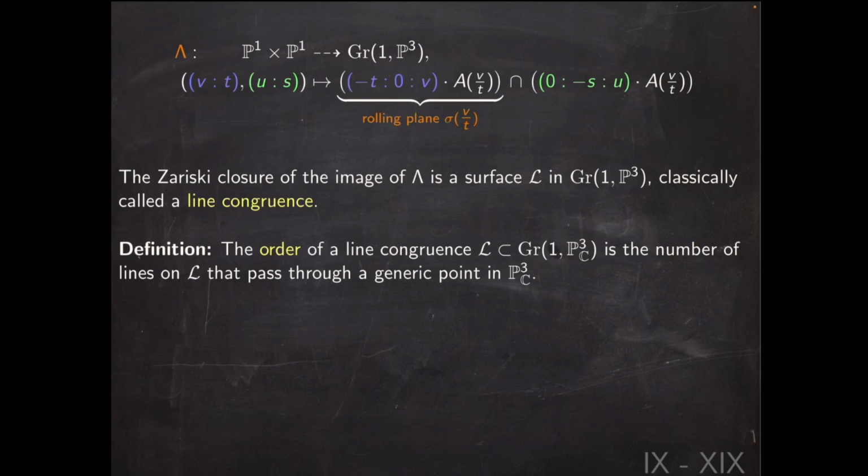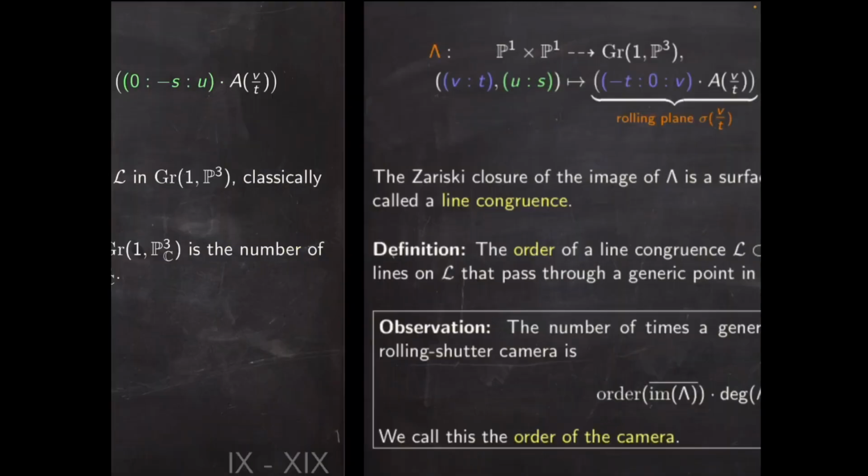The class would be the dual notion, the number of lines contained in a generic plane. And if I just send you a surface in the Grassmannian via email, that order is some number that is not necessarily 1. But that number essentially captures how often the rolling shutter camera is going to see a point, but almost.